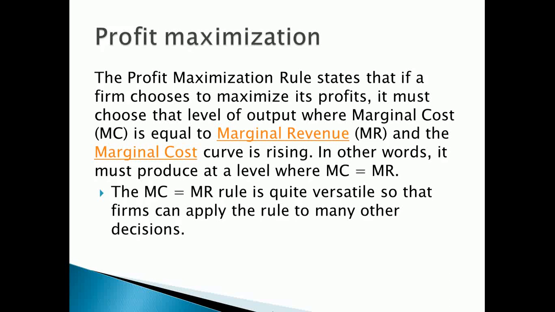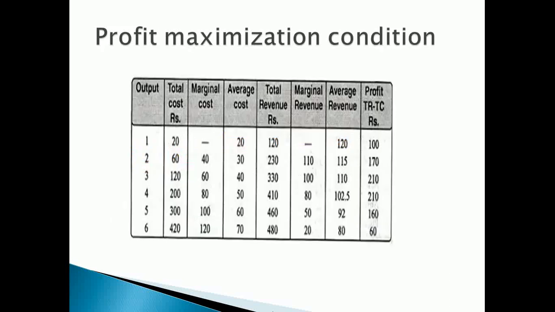Now this is the marginal approach that we saw on the table. This is the total approach. In this situation, profit will be maximized when total revenue exceeds total cost by the greatest amount, as shown on the table. It is also the point when the additional revenue of producing one more unit is equal to the additional cost of producing one more unit, and the additional cost is also increasing.